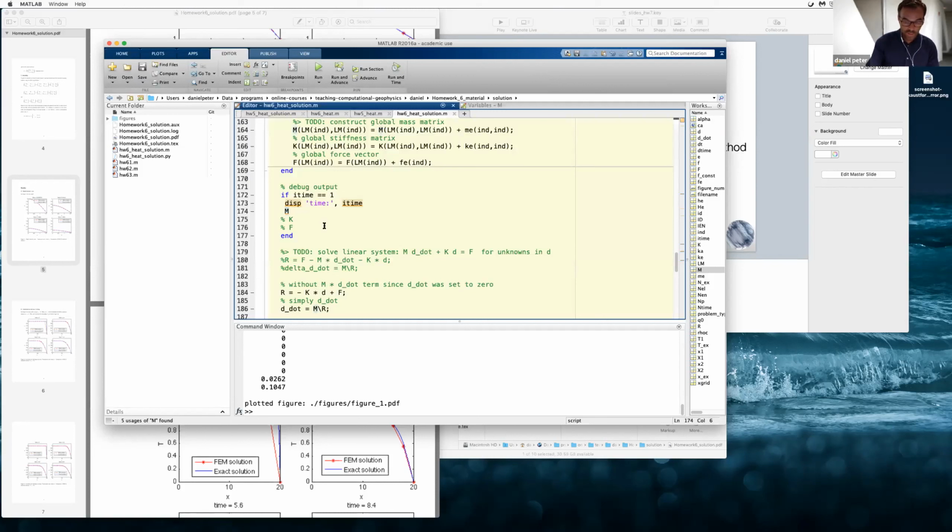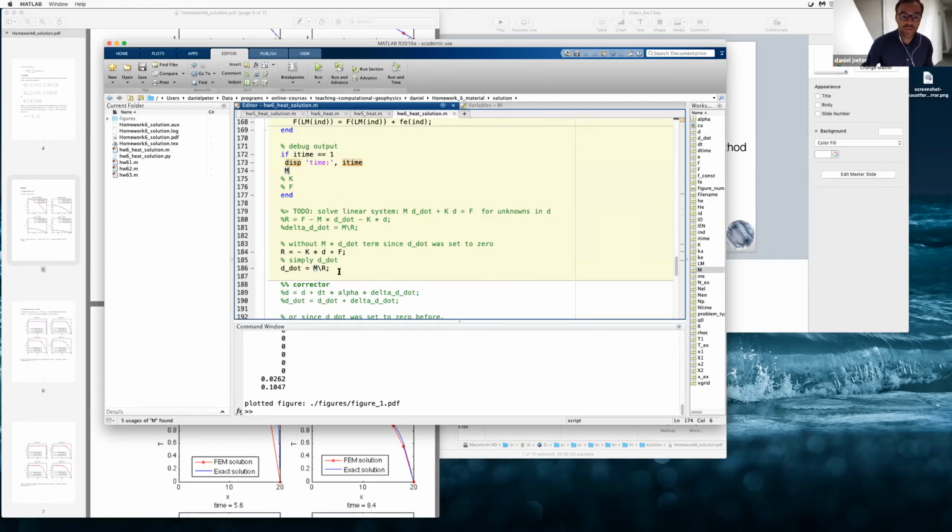What we want is not just the matrix, but the inverted one, because when we solve for the time derivative or the velocity, we take the inverse of M and multiply with the right-hand side, which includes the stiffness matrix.